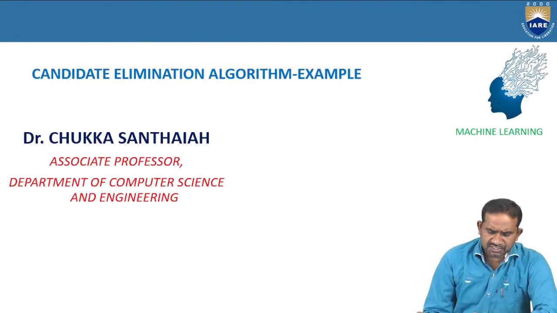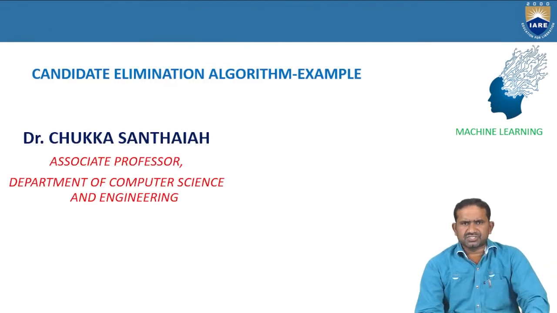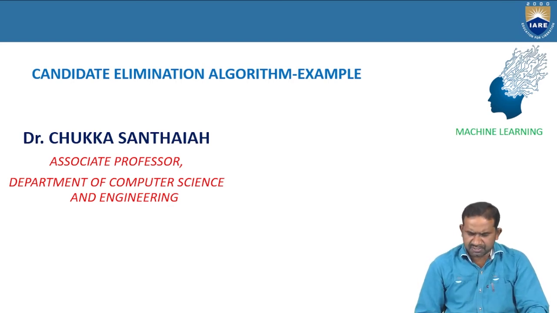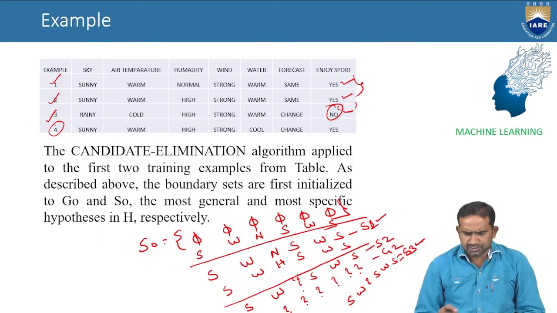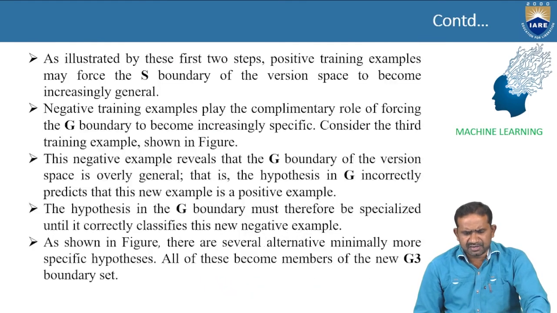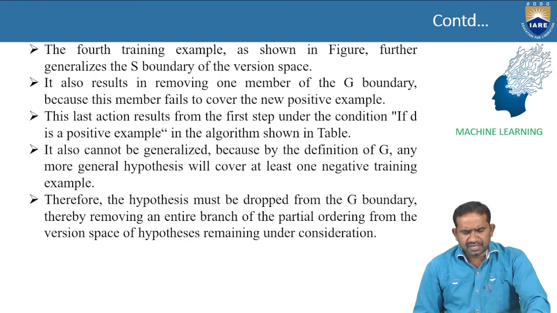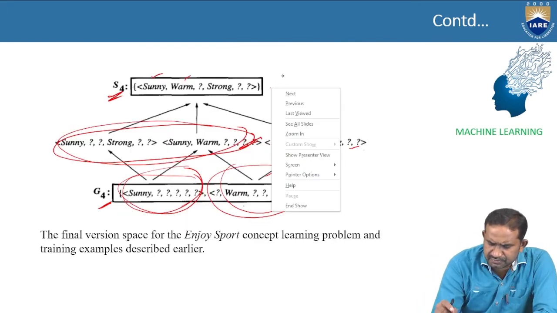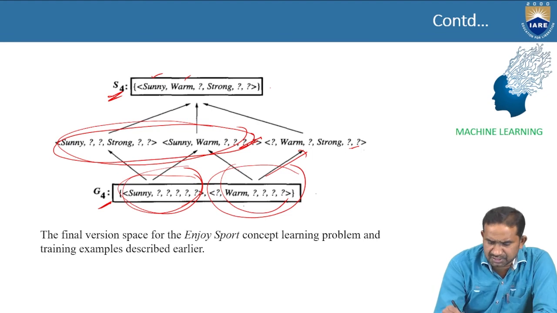Let me repeat what we discussed in today's session. We discussed the candidate elimination algorithm with the training examples for EnjoySport, based on the six input parameters. This final step of the candidate elimination algorithm is called the specific hypothesis.